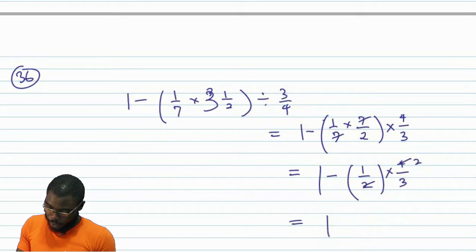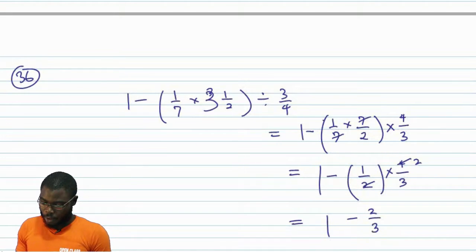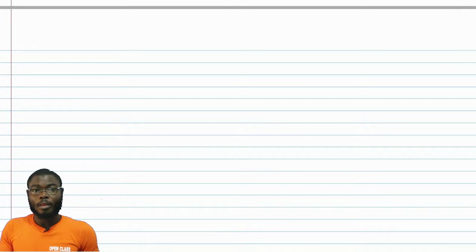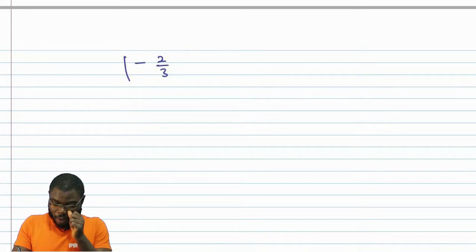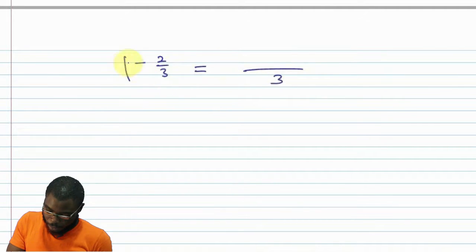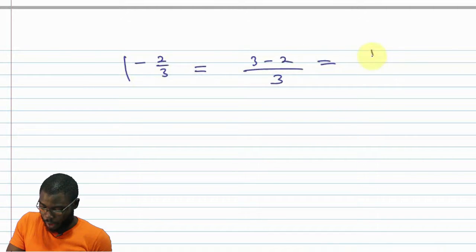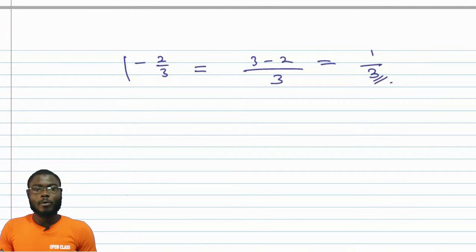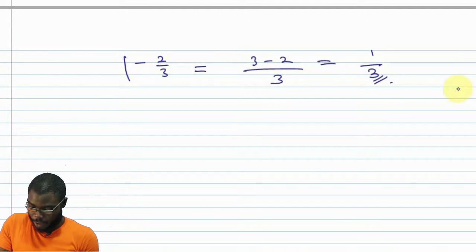So you have 1 minus 1 times 2, you have 2 over 3. So what we got is 1 minus 2 over 3. This is the same thing as finding the LCM: 3 times 1 is 3, minus 2. So we have 1 over 3. So your answer is B.